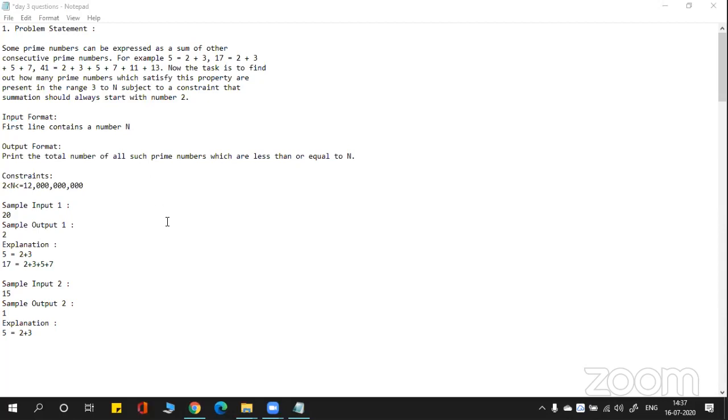Try to find out. Can anyone tell me what the logic is? The question is very easy. It is just prime number logic. So tell me what to do. Any ideas to solve this question?